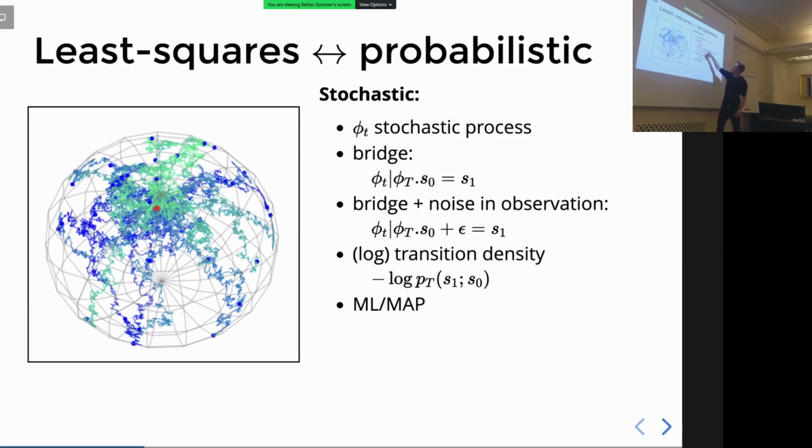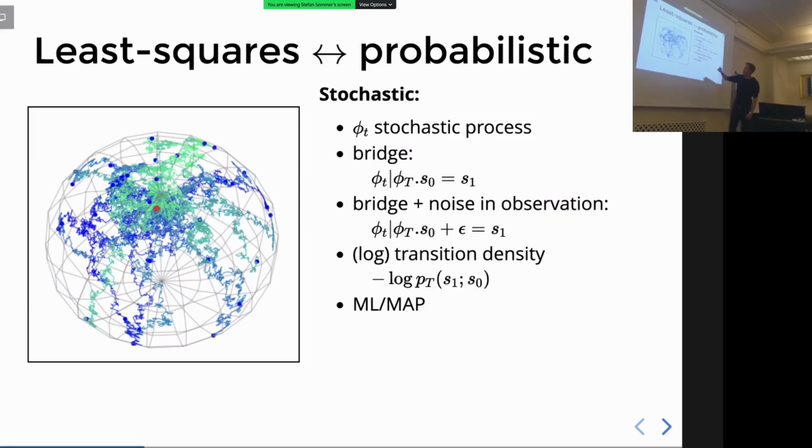It's written like this. And so it's time dependent, and at the end time capital T, you can just think of this capital T as being 1. We condition the one shape to hit the other. And then you can have noise in your observations as well. We add a little epsilon here, and that corresponds to exactly what Martin's question before was about, with the non-zero similarity term. So this is like inexact matching, but in the stochastic way.